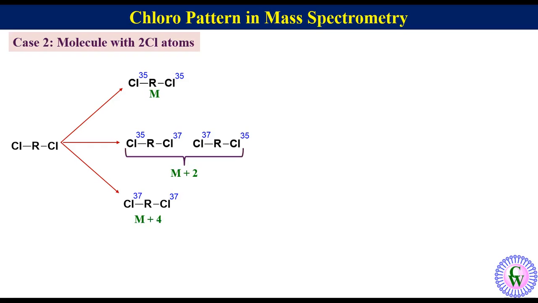Since the relative abundance of Cl35 is 3 and that of Cl37 is 1, the relative abundance of M will be 3 into 3 is equal to 9. The relative abundance of the M plus 2 peak will be 3 into 1 plus 1 into 3 is equal to 6.